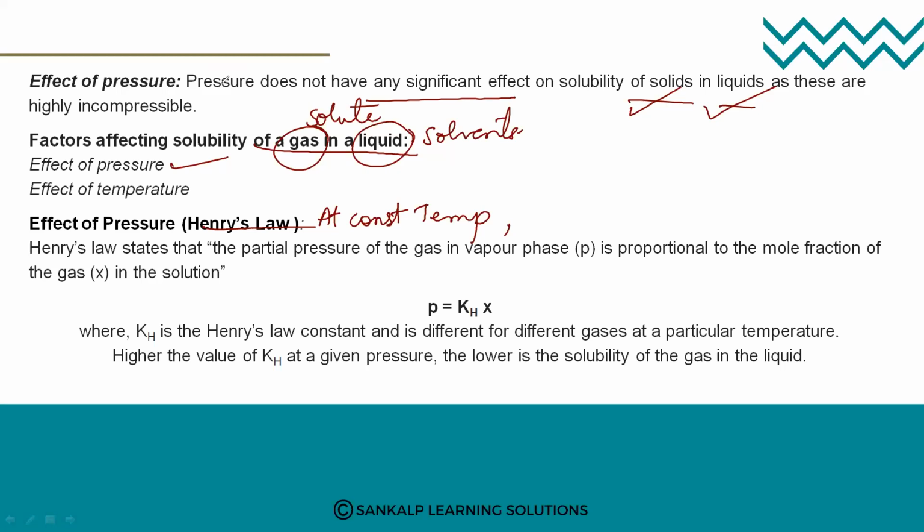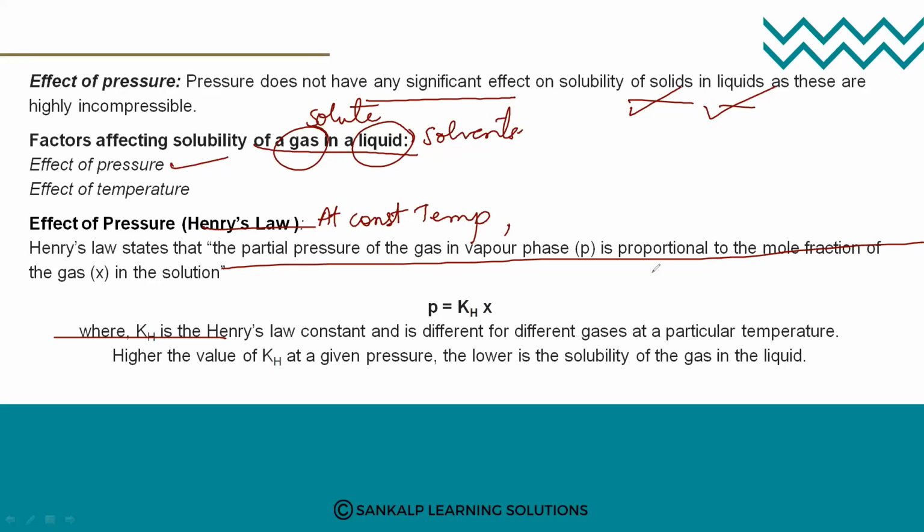If the solubility is expressed in mole fraction, then this statement, which before was in terms of partial pressure, changes. When you are expressing it in terms of mole fraction, the statement becomes: the partial pressure of a gas in the vapor phase is proportional to the mole fraction of the gas in the solution at constant temperature.